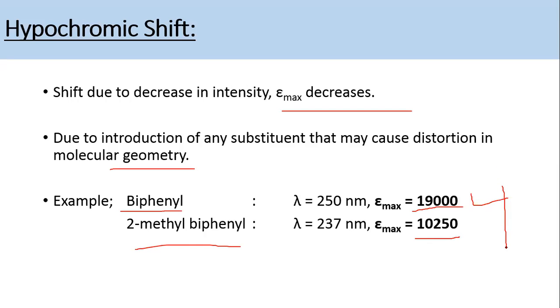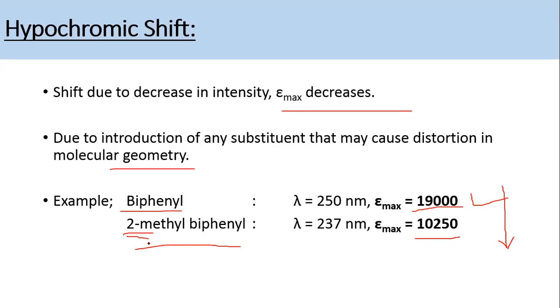So there is a large dip in the intensity value due to the introduction of one methyl group in biphenyl compounds. This is mainly due to the distortion in the symmetry of biphenyl compounds.